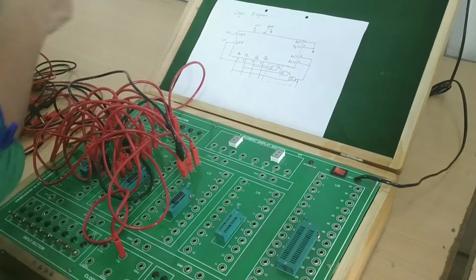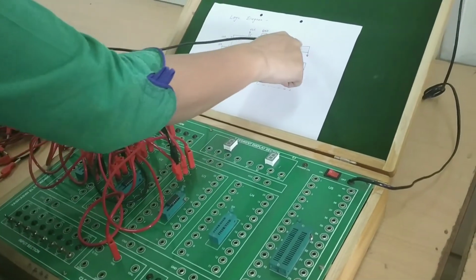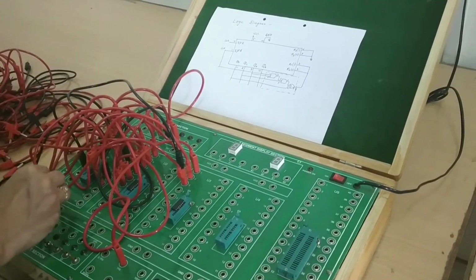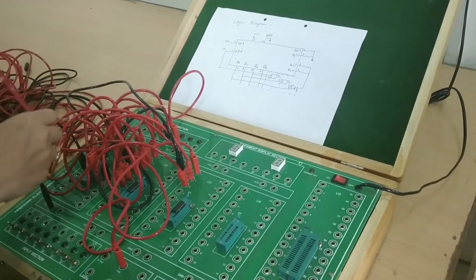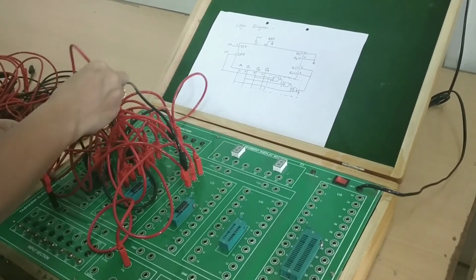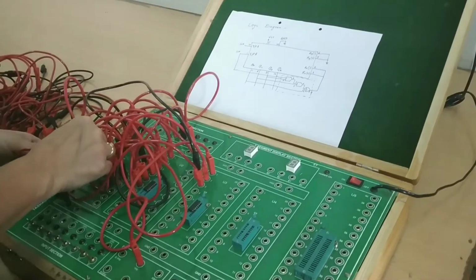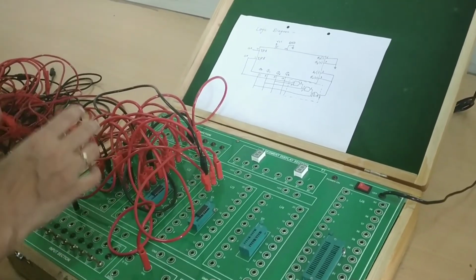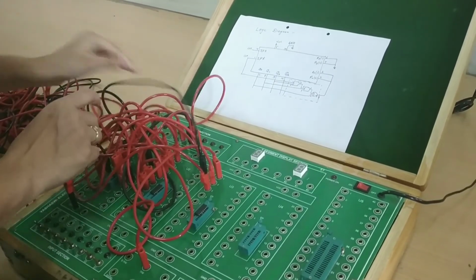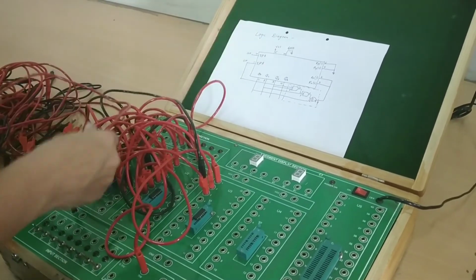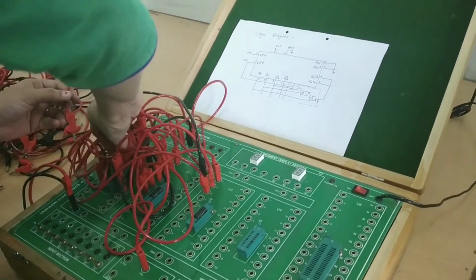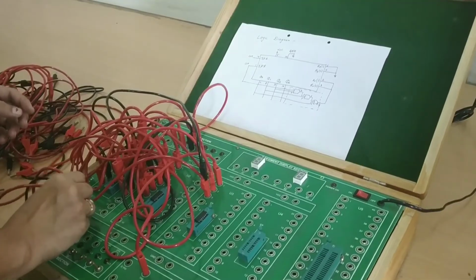Then R91 and R92, that is pin numbers 6 and 7 of the 7490 IC, are connected to ground. Other than that, VCC pin number 5 is connected to VCC. Then pin number 10 is ground, that is connected to ground, right?